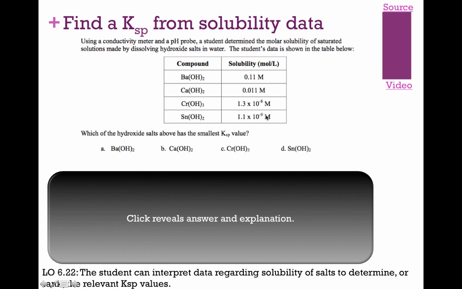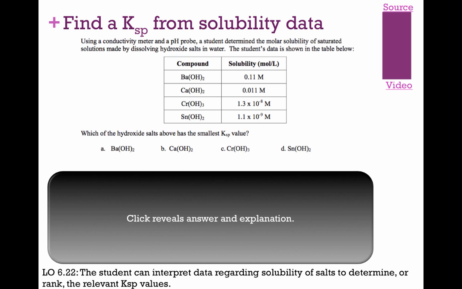And since I would solve for Ksp the same way, I can just see how much solid I can dissolve. Because if you think back, what does our value of Ksp tell us? To solve for Ksp, we look at the concentration of ions. If I have a small Ksp, what does that mean about my concentration of ions at equilibrium?